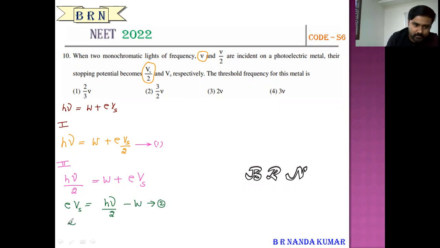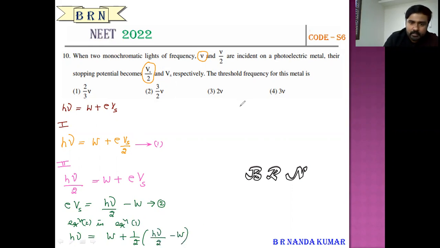Now substitute equation 2 into equation 1: h nu is equal to work function plus, the 1 by 2 stays as it is. Correct? eVs is h nu by 2 minus W. So h nu is equal to W plus h nu divided by 4 minus W by 2.